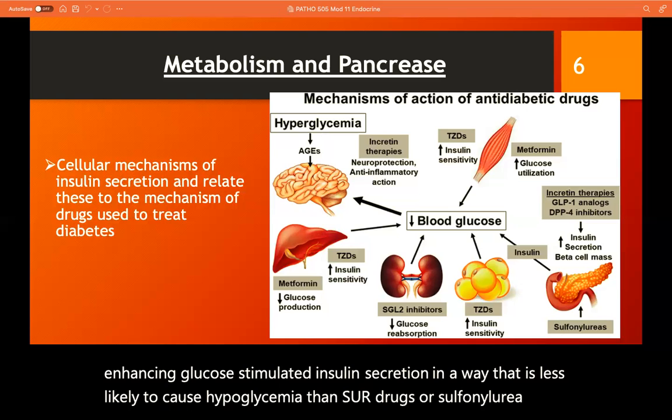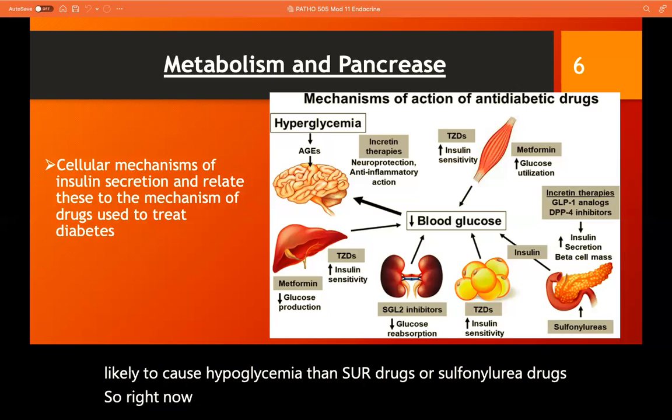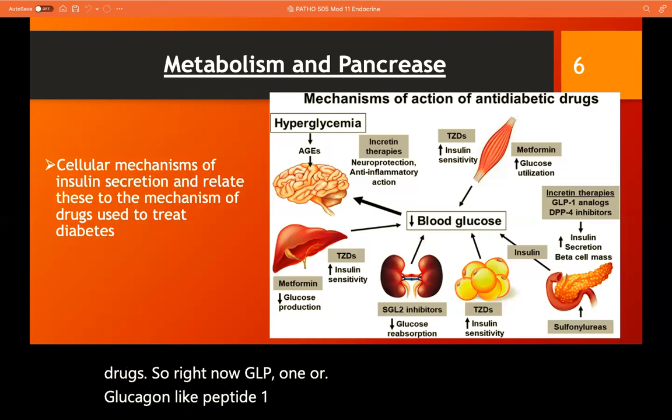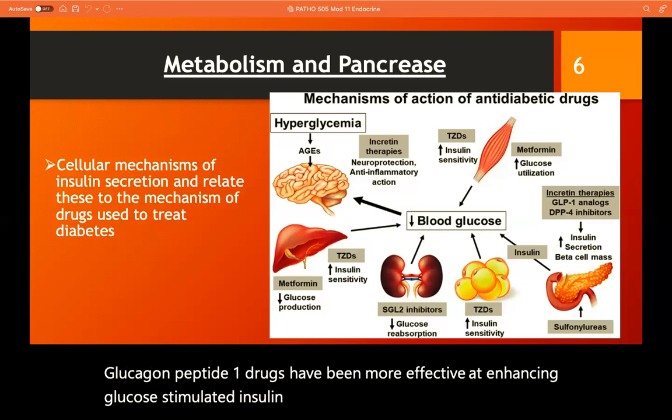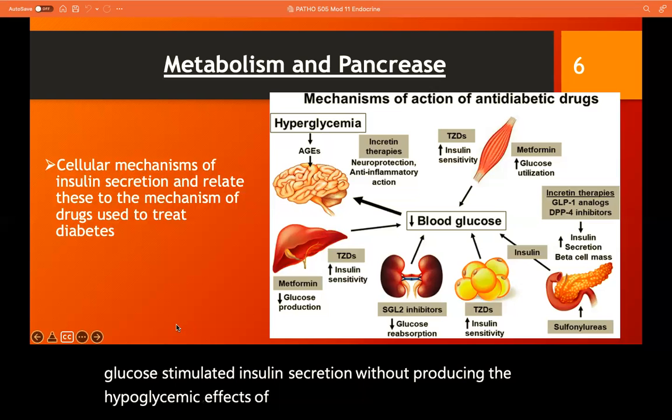So right now, the GLP-1 or glucagon-like peptide 1 drugs have been more effective at enhancing glucose-stimulated insulin secretion without producing the hypoglycemic effects of sulfonylurea drugs. So just keep that in mind.